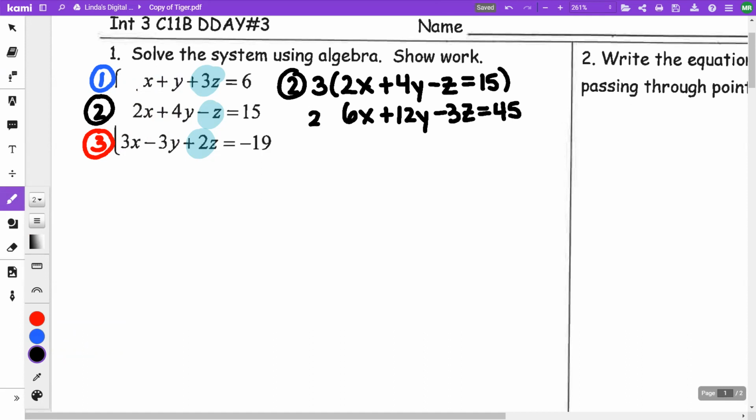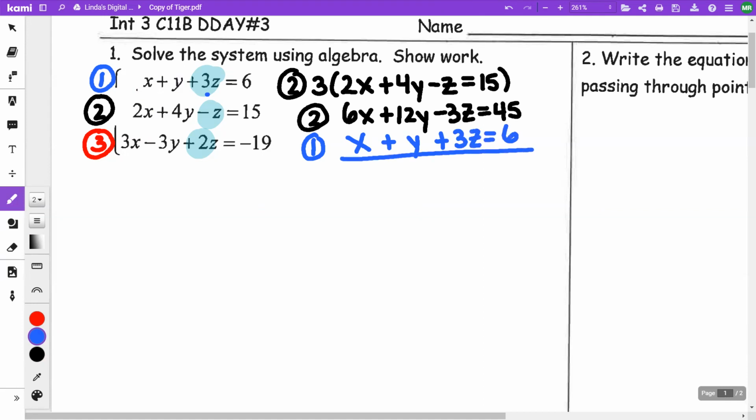So again, that's my new equation 2. I'm going to use it with equation 1 to get rid of my 3z. That's going to be my goal. So I'm going to have x plus y plus 3z is equal to 6.